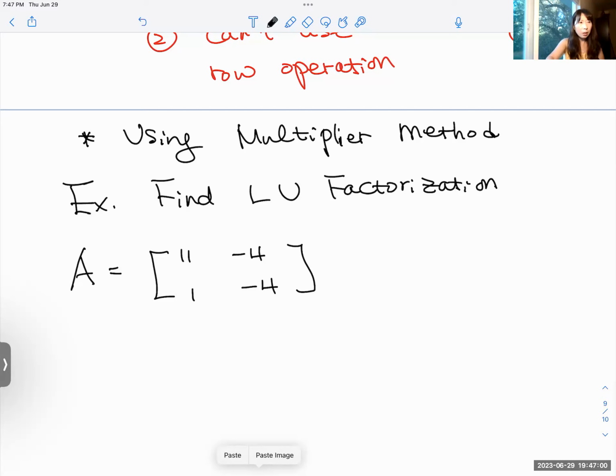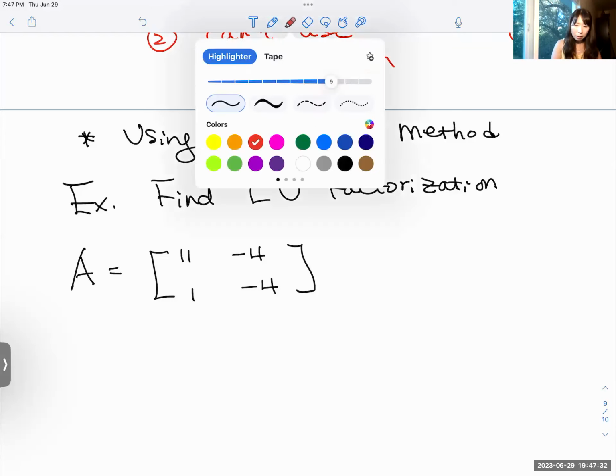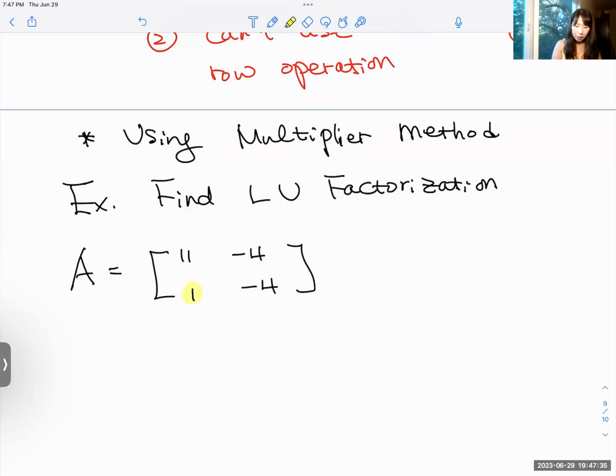We are using something like reduction to row echelon form, but we don't do exactly that, because we have to follow the upper triangular form. The concept is similar: we want to make a 0 there.